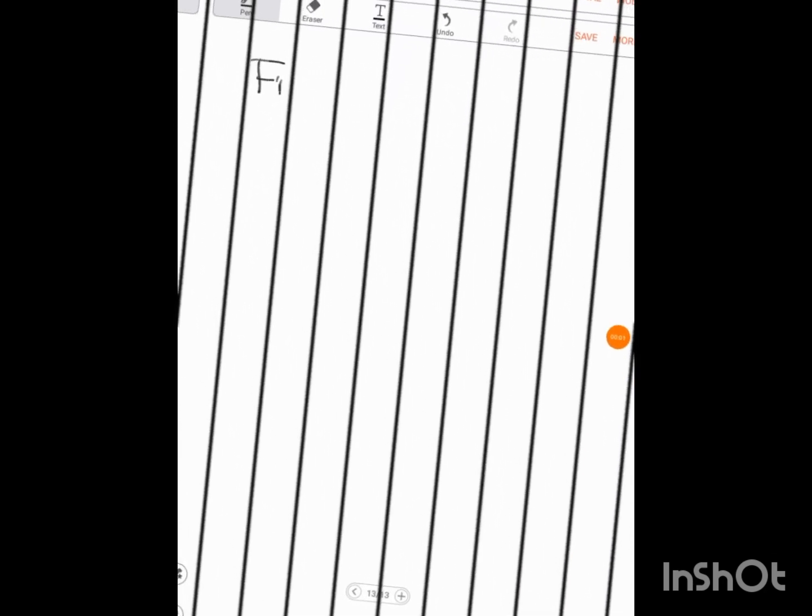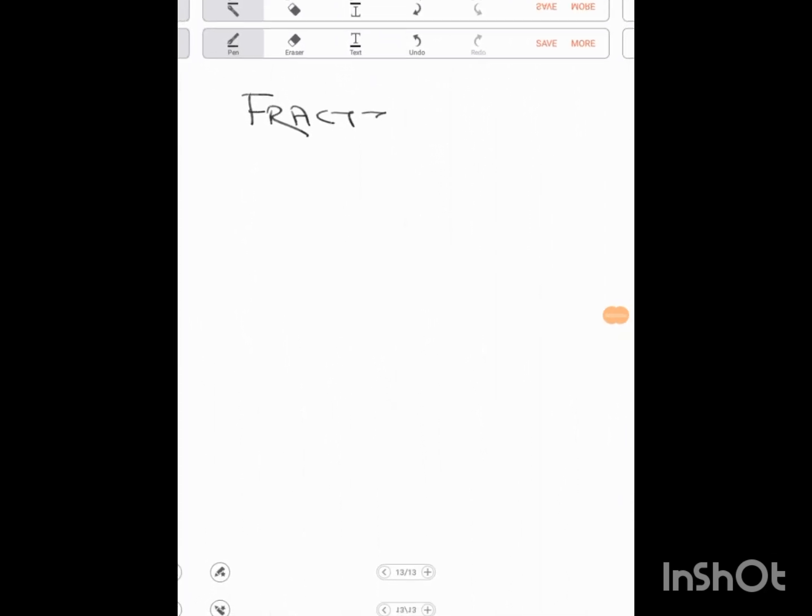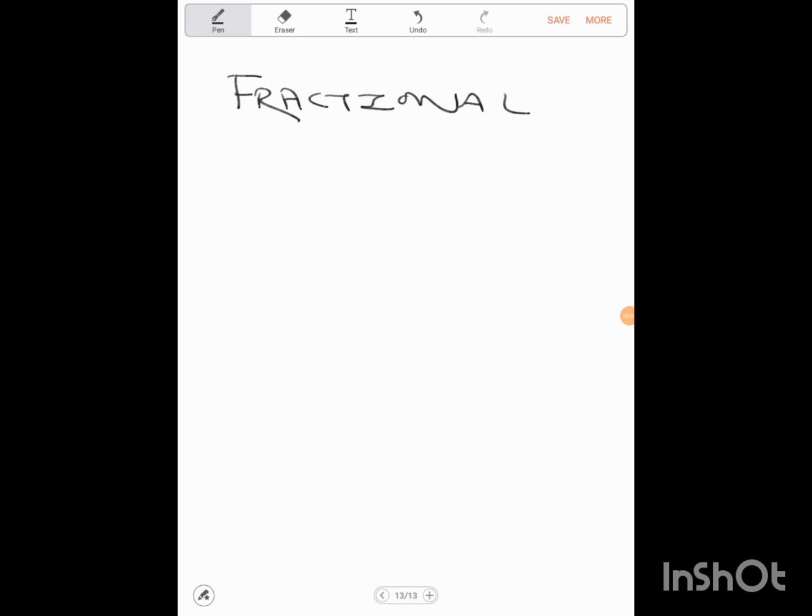Okay, now if you have fractional powers, let's see what you will do in such cases. If you have x under a root, it's obvious that if you don't have any number written on the power, it means it is 1, and if you have nothing written on the root sign, it's obvious that it's a square root.